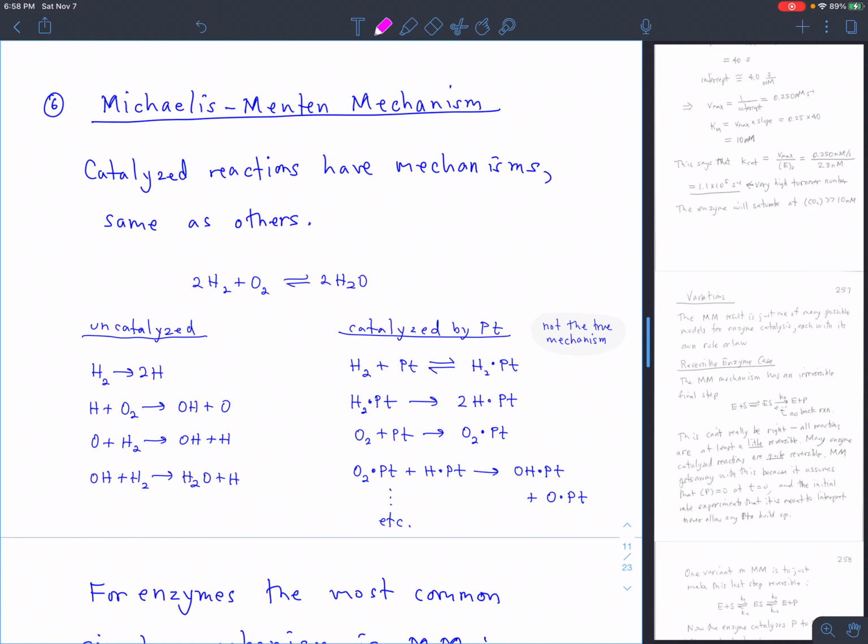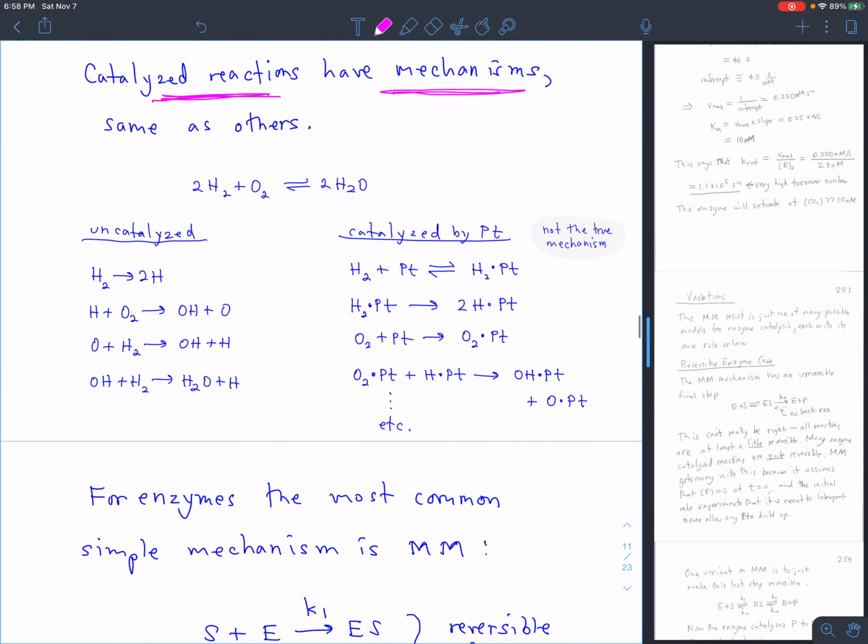All right, so when you put a catalyst in, as you can see from the examples above, what the catalyst does is change the mechanism. Catalyzed reactions have mechanisms, and they're different than the mechanism in the absence of the catalyst. So, for example, for a water-forming reaction, here's the mechanism.